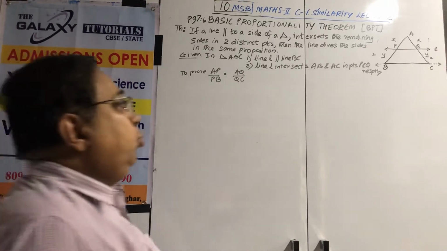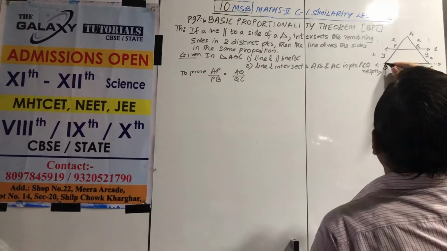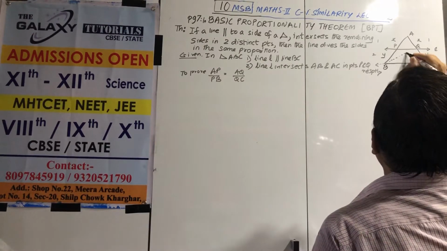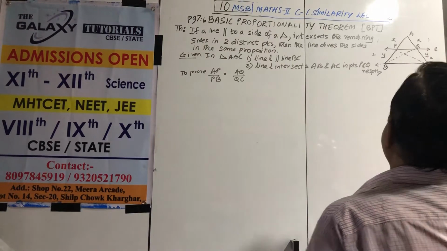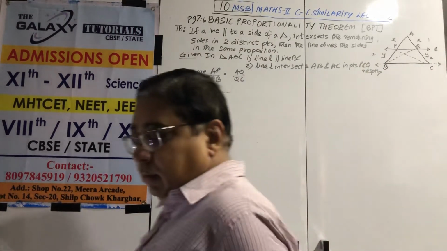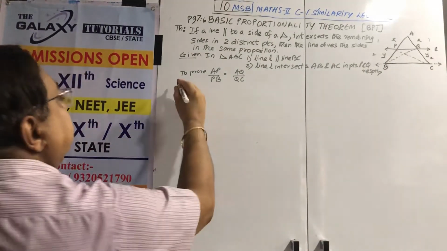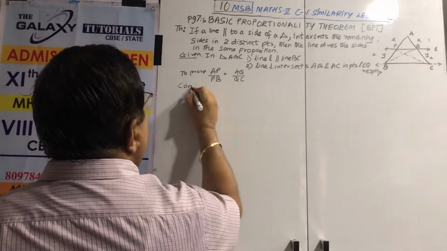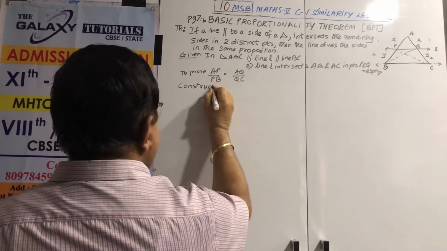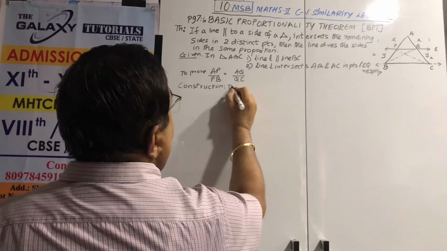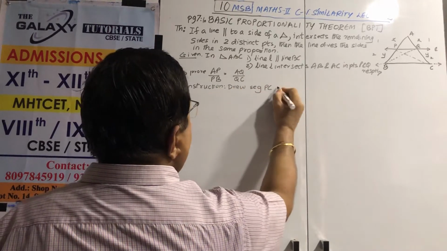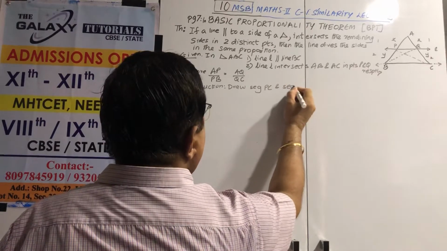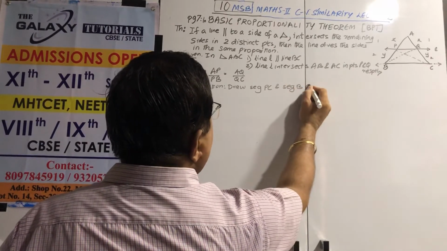We will do construction. Join B to Q and join P to C. Okay, construction. Draw segment PC and segment BQ.